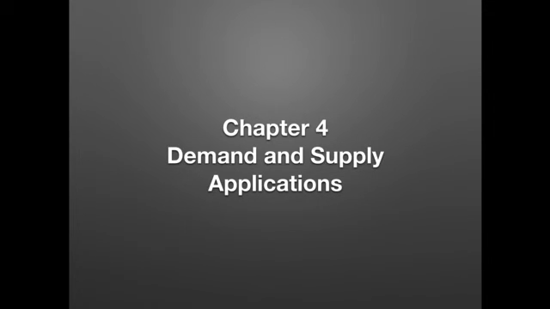Deadweight loss is just consumer or producer surplus that ends up being destroyed when a policy is put in place. So make sure you understand the concept of deadweight loss and how it is actually measured.